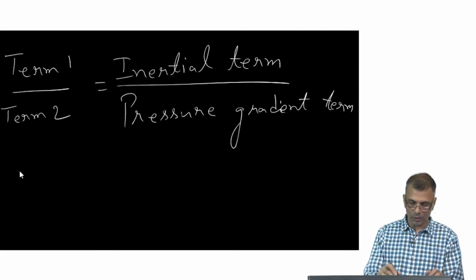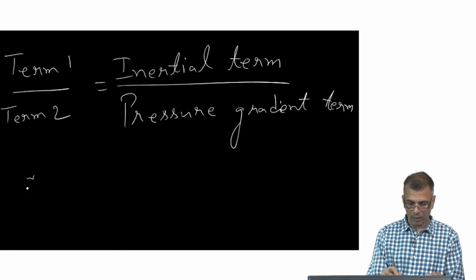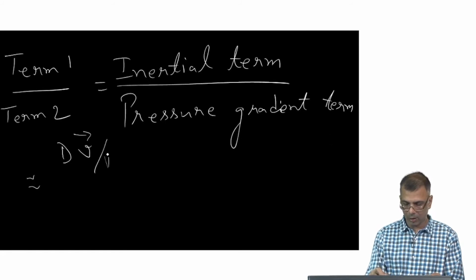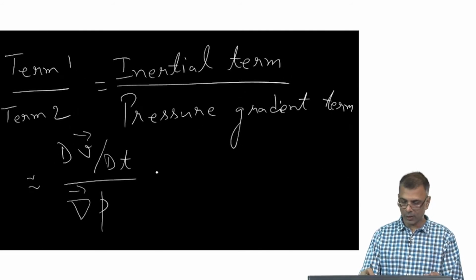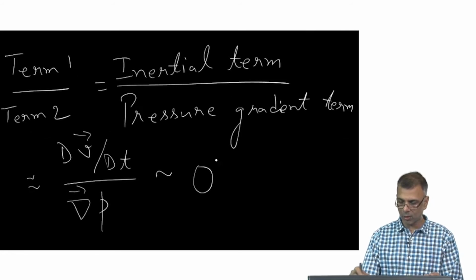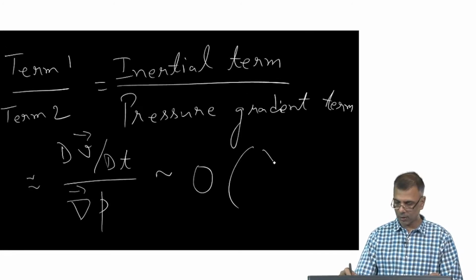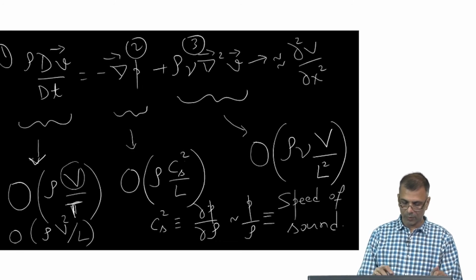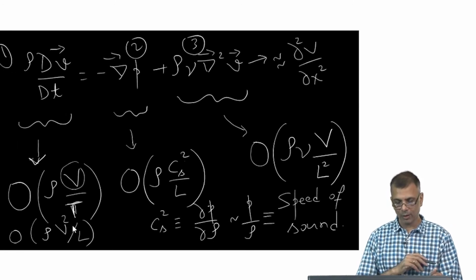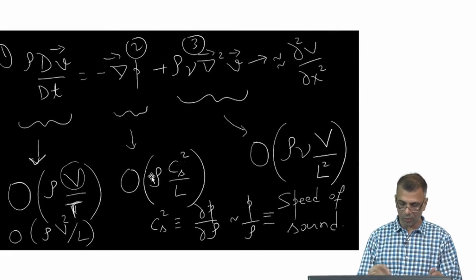So, in other words, this is something like the dV/dt term over the gradient of pressure term. This is of the order, and this simply follows from this and this, because the L's cancel out, and the rho's cancel out also.